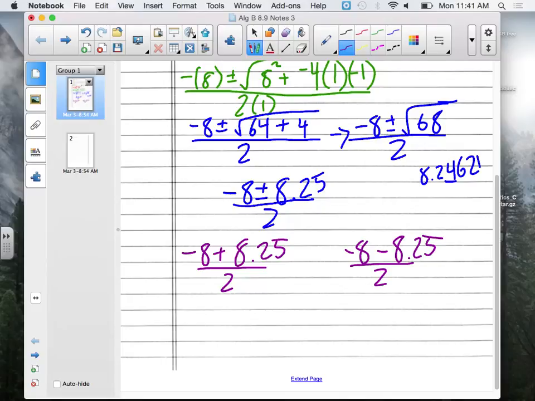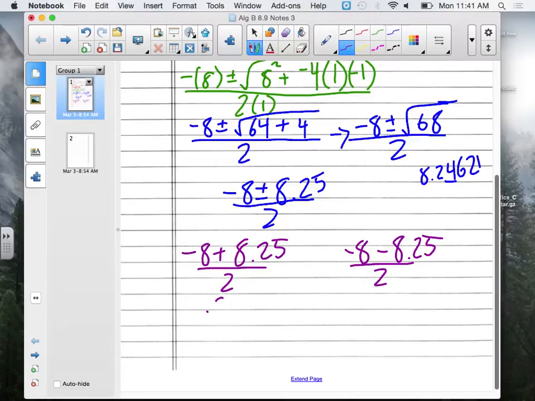Exactly. So what's that first one? It's negative 8 plus 8.25, divided by 2. Brighton? It'd be 2.5 over 2. Oops, sorry. 0.25.